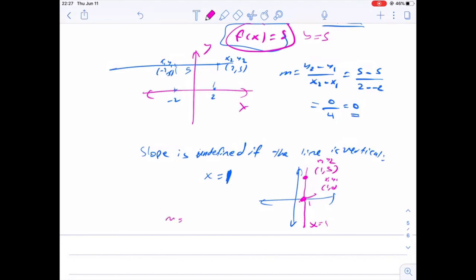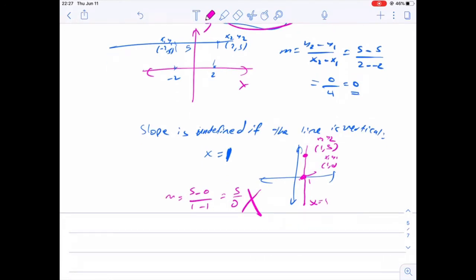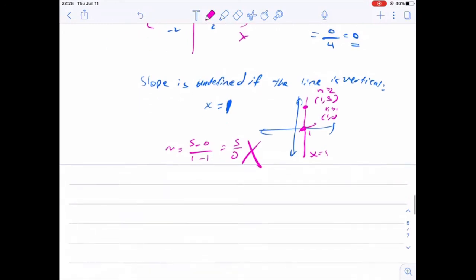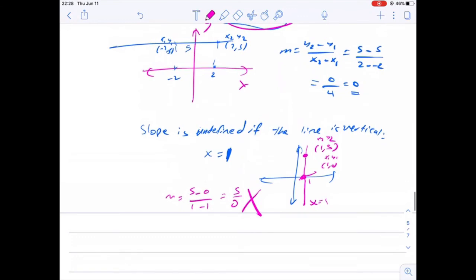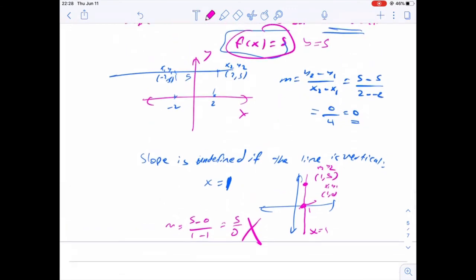The slope is y2, 5, minus y1, 0, over x2, 1, minus x1, 1, so 5 over 0. This is undefined. In this case, we can say the slope is infinity, but if we apply the formula, we find that it's undefined.